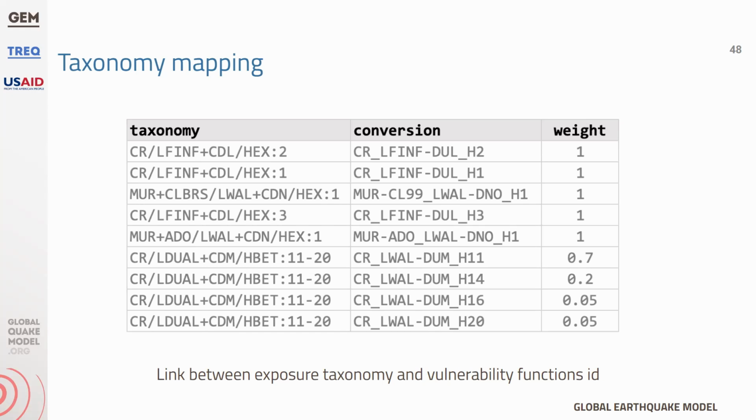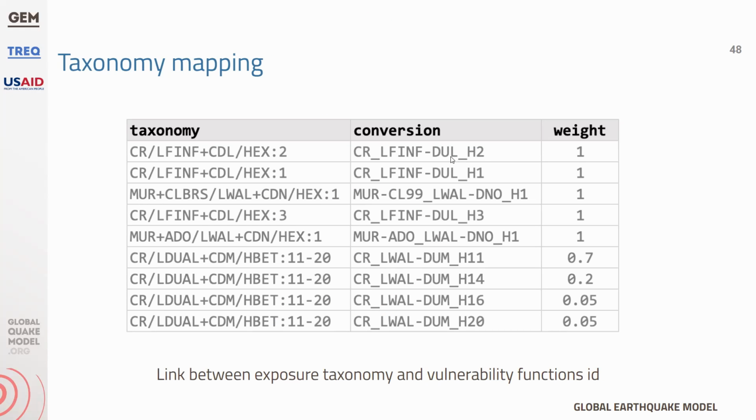Okay, so the taxonomy mapping file allows us to map what we have in the city to what we have in vulnerability, and they do not necessarily need to be one-to-one. Moreover, and important, it also allows us to give a weight to that map. So basically, what I'm saying here in this first building class is that the building class that I found in the city is 100%.